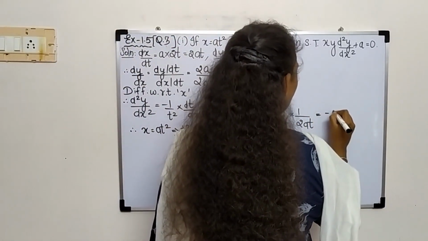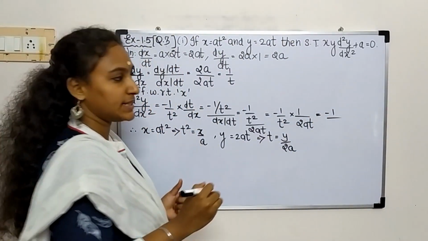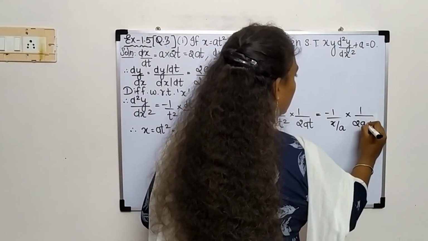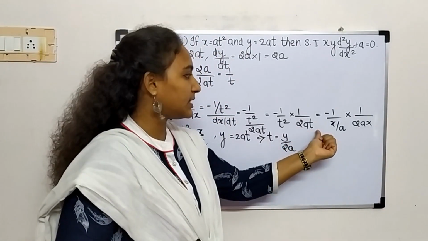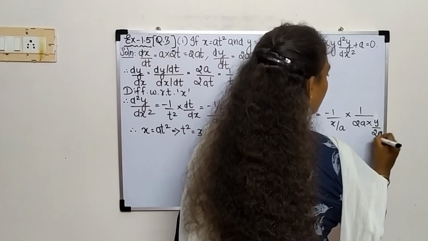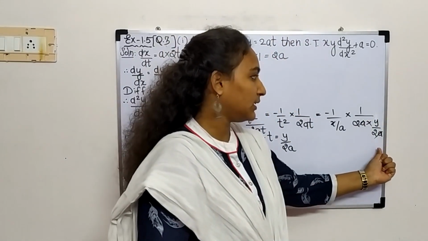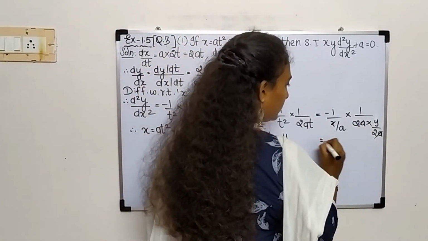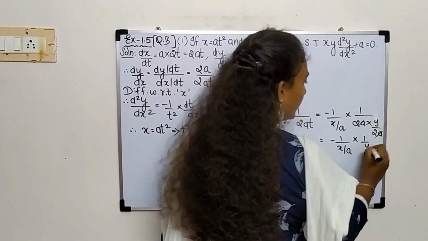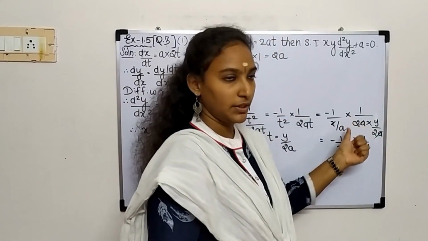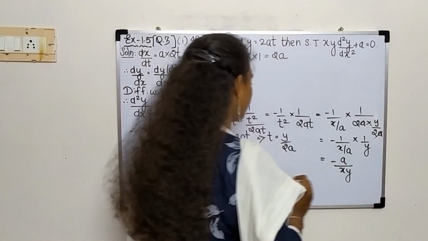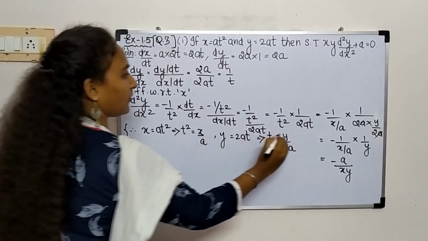So this will become minus 1 upon t square, which is x by a, and write 2a as it is, and for t we have y upon 2a. Cancel out 2a with 2a. So we are left with minus 1 upon x by a into 1 by y. This a can be taken to the numerator. So this becomes minus a upon xy.